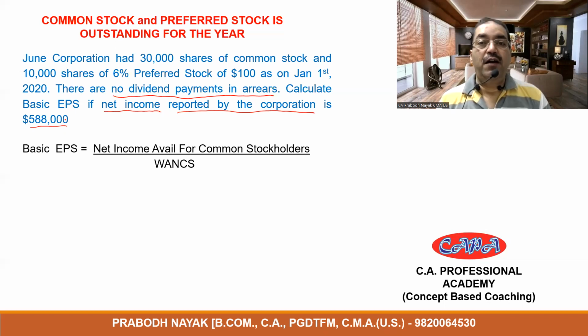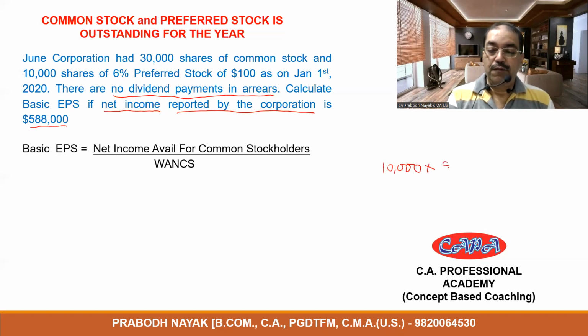But out of that, first I have to pay on the preferred stock. How much do I have to pay on the preferred stock? How many shares are there? 10,000 shares of preferred stock. What is the par value per share? $100. So what is the amount here?